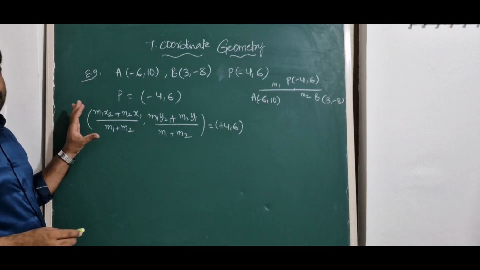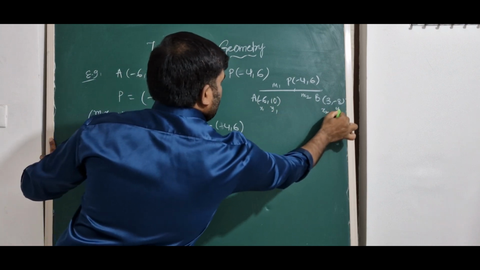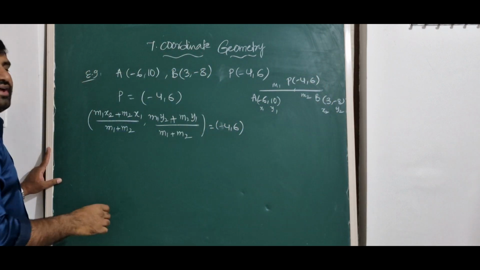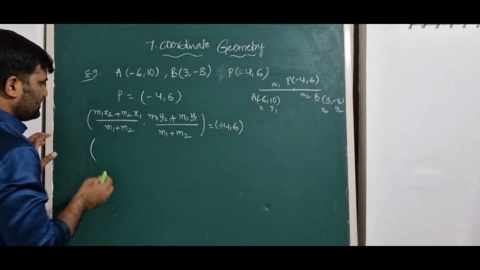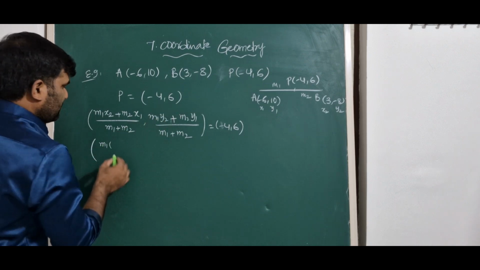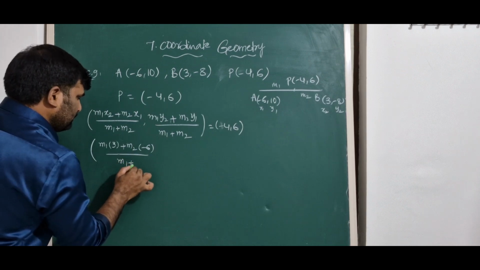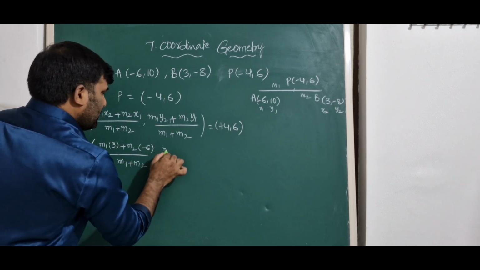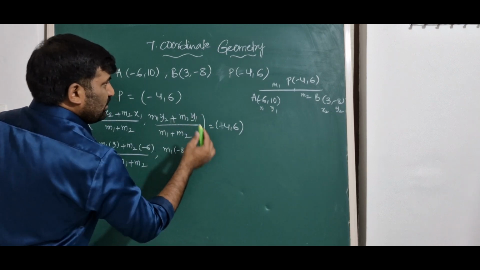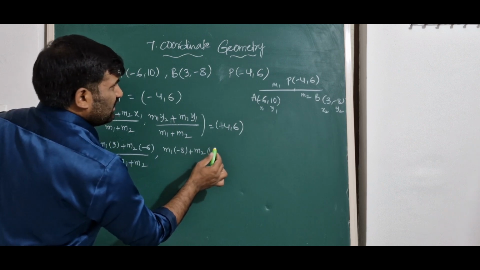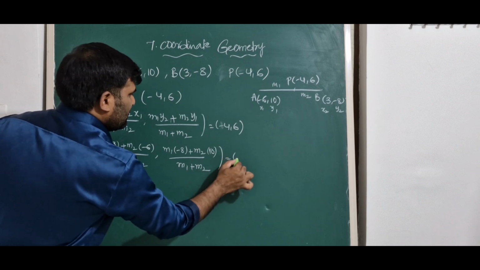First I am substituting the values. These are the x1 y1 values and x2 y2 values, and the P point is on the right side. M1 and M2 we don't know, so wherever you have M1 M2 you write them as they are. M1 into x2, which is 3, and M2 into x1, which is minus 6, divided by M1 plus M2, comma M1 into y2, which is minus 8, plus M2 into y1, which is 10, divided by M1 plus M2, equal to minus 4 comma 6.